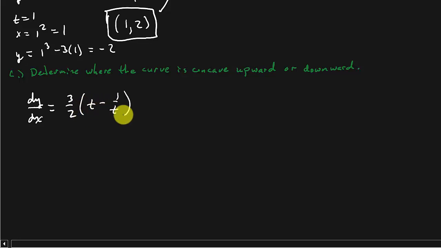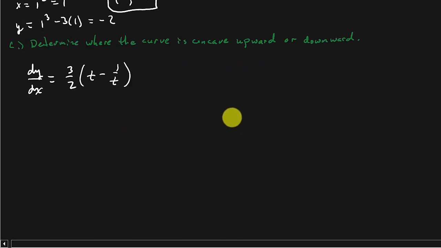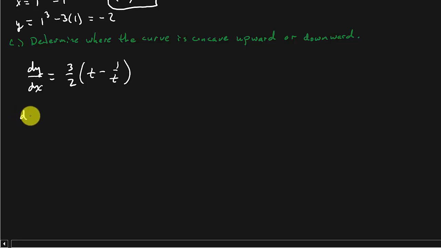That's our derivative. So remember, the second derivative was what? d/dt of dy/dx over dx/dt.